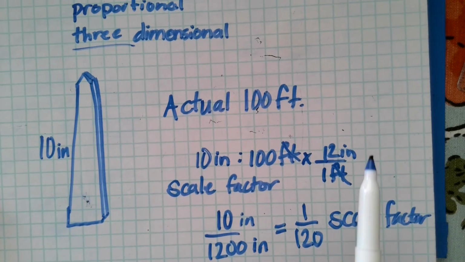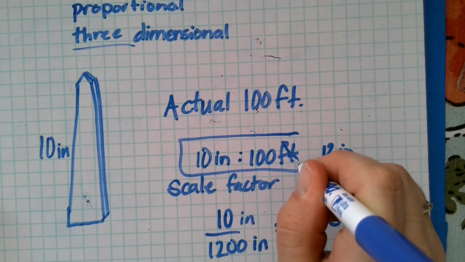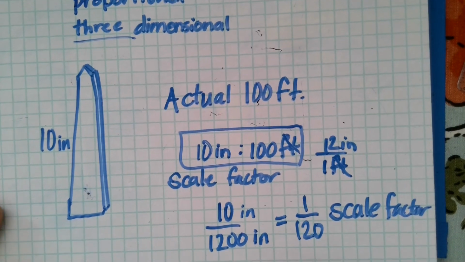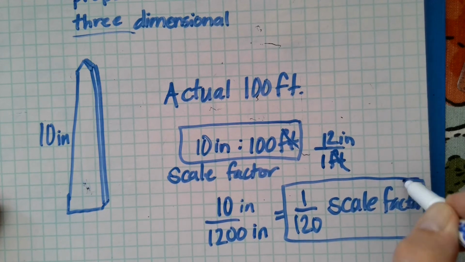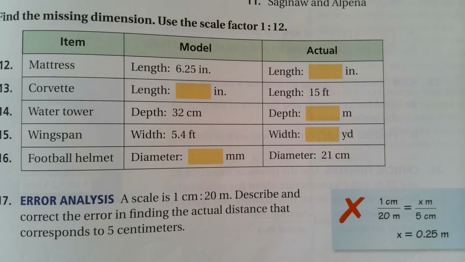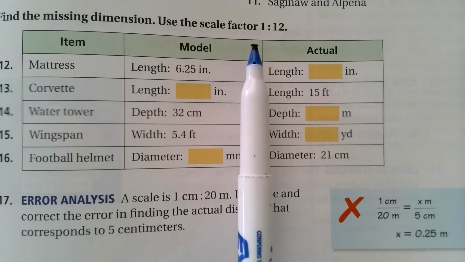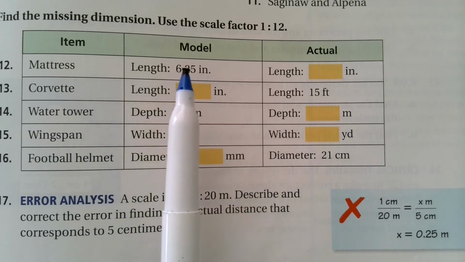So again, you can have a scale with different units, but in order to have a scale factor, you have to be comparing them in the same units. Very important to make that distinction. So in this example from the book, you're going to find the missing dimensions. The scale factor is 1 to 12. So you are going to have to make sure that you have the right units here.